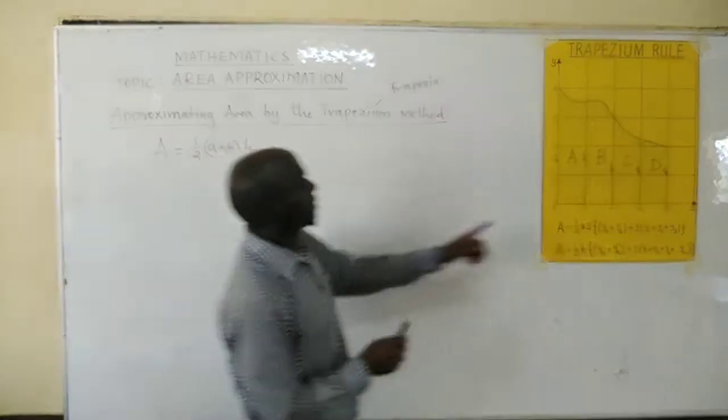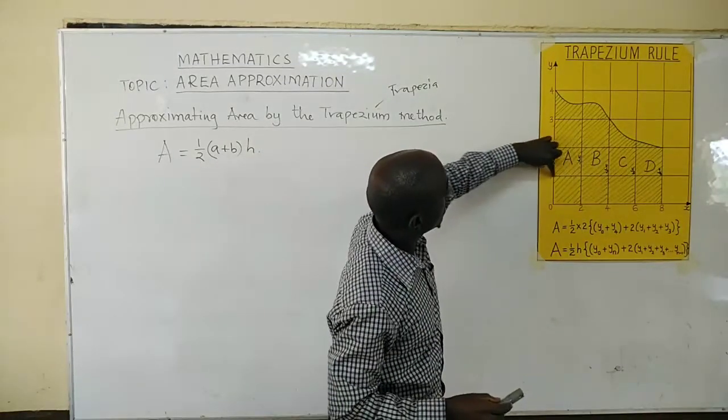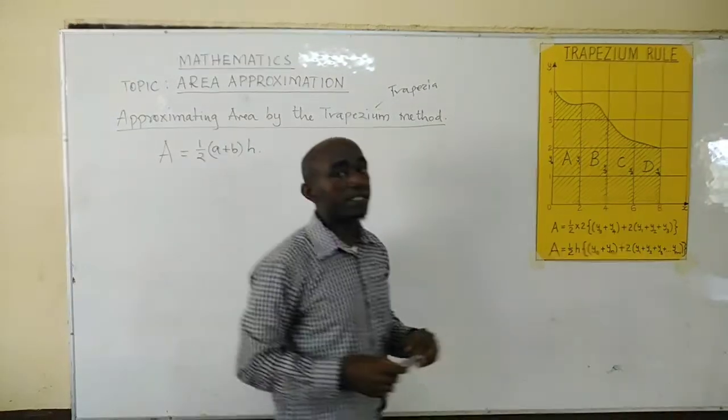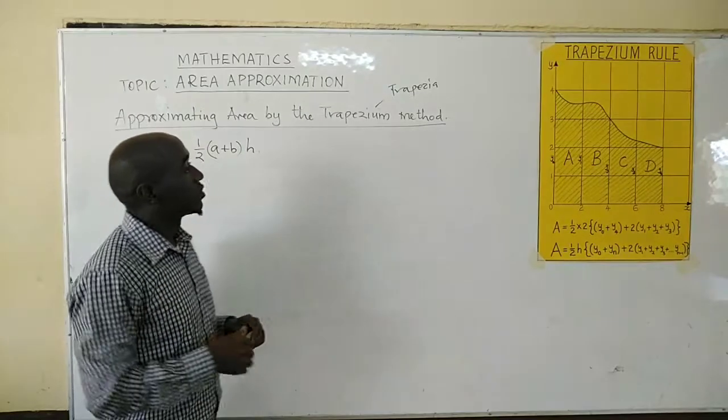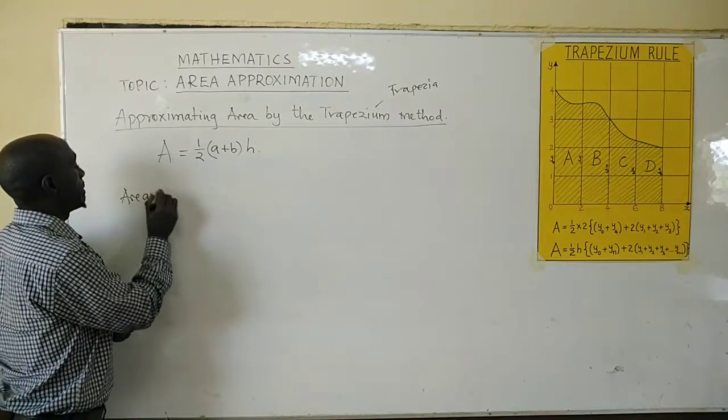For example, if this is our trapezium, the parallel sides are this and this, and then this perpendicular distance between the parallel sides is h. So using this formula, let us find area of trapezium A.